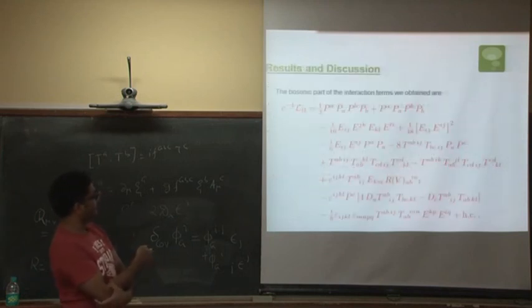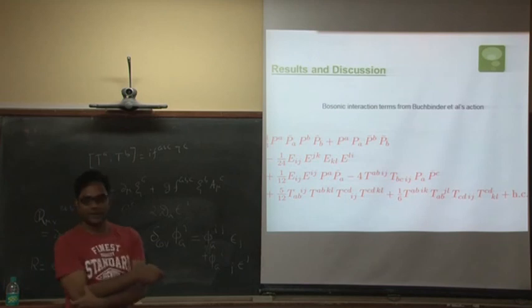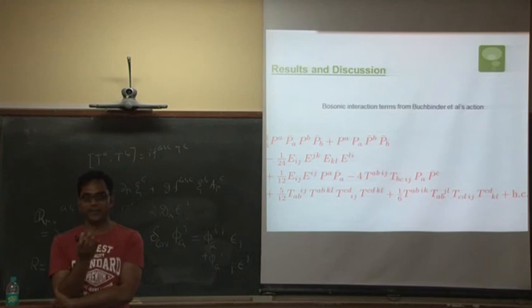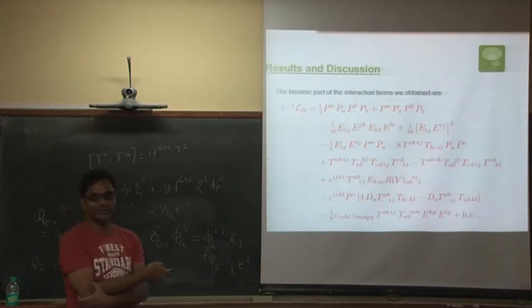So these are our interaction terms, and we compared this with what Binder et al. had. We first put it in the form we want, since they wrote it in terms of the physical scalars after gauge fixing, but we can retrace it back and write it in terms of what we want. And indeed, we had a lot of differences.